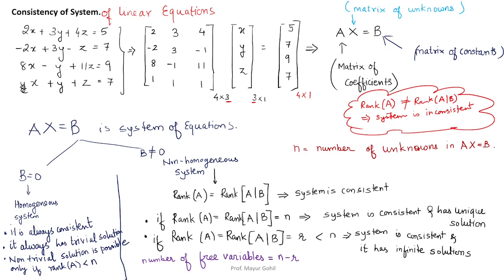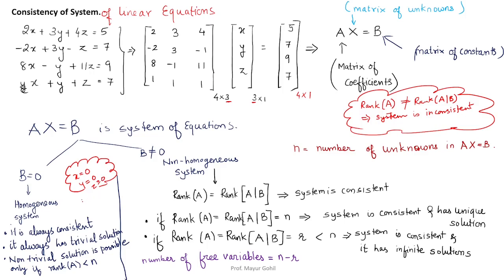Now let's go to the homogeneous system. It is always consistent, it always has a trivial solution. Trivial solution means x equal to 0, y equal to 0, z equal to 0.